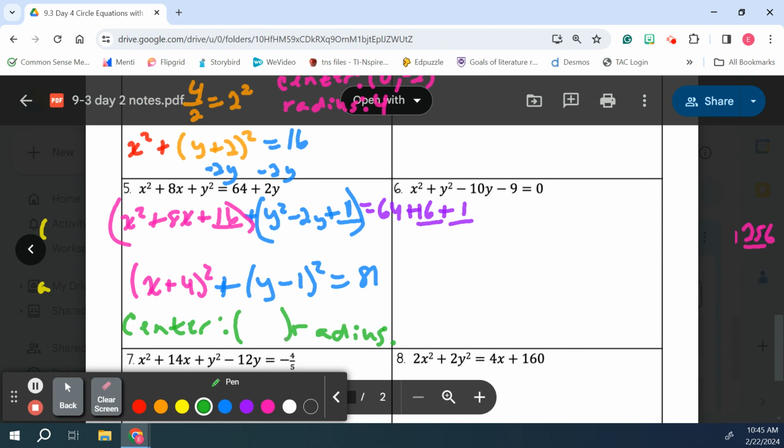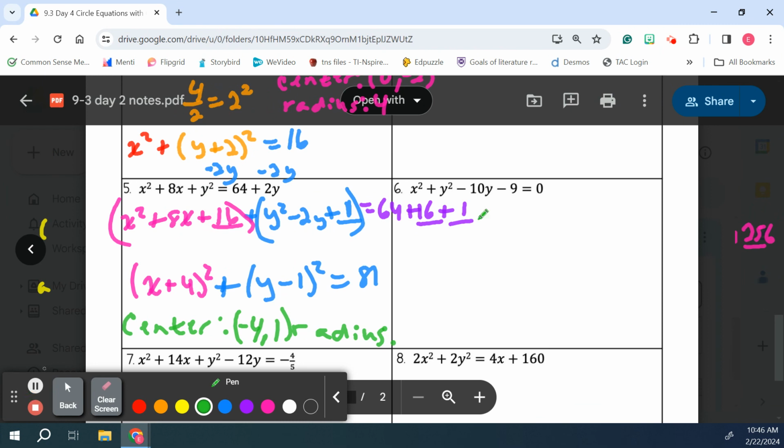Close, not quite. I agree with the 1. The 1 is correct. Look, if you look right here, we have a 4 right here. So it's supposed to be what? Positive 4 or negative 4? Someone help her out. Negative 4.